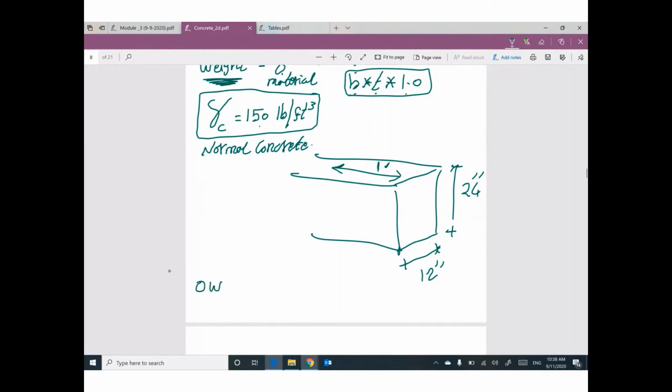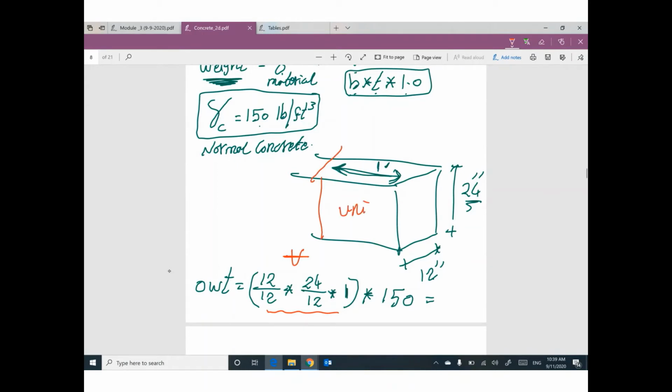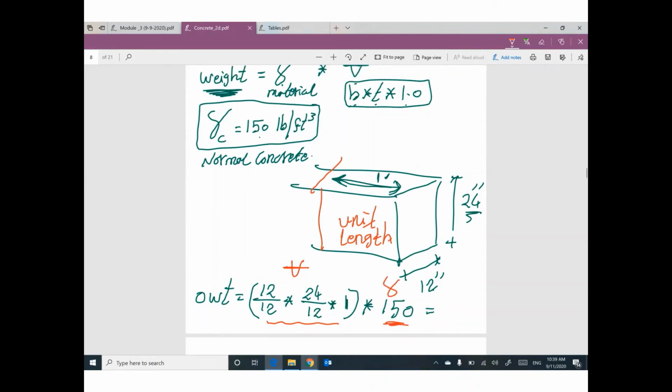Equal B, 12 divided by 12, T, 24 divided by 12, unit length 1. Here is the volume. This volume times gamma 150. So these terms are the volume of unit length of the beam, and 150 is the gamma. If you multiply volume by gamma, I can figure out the weight.